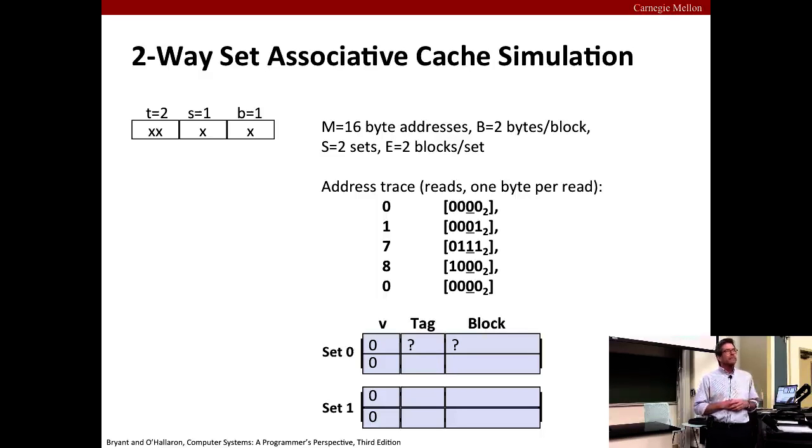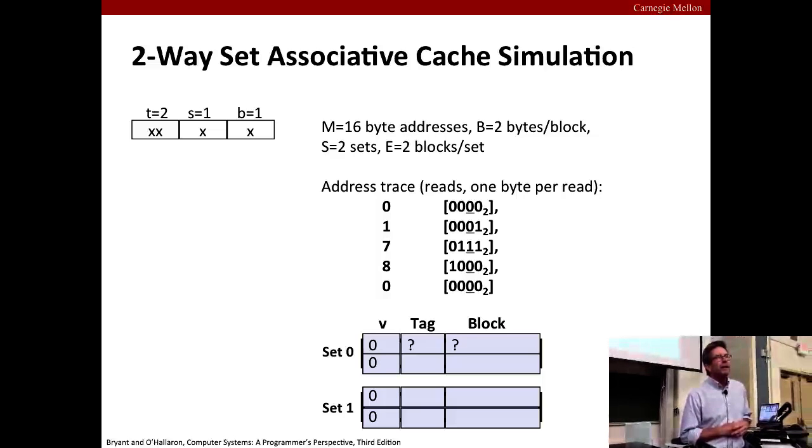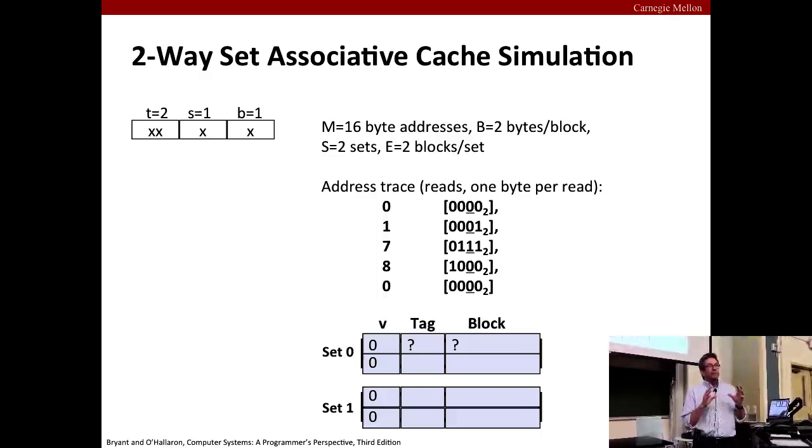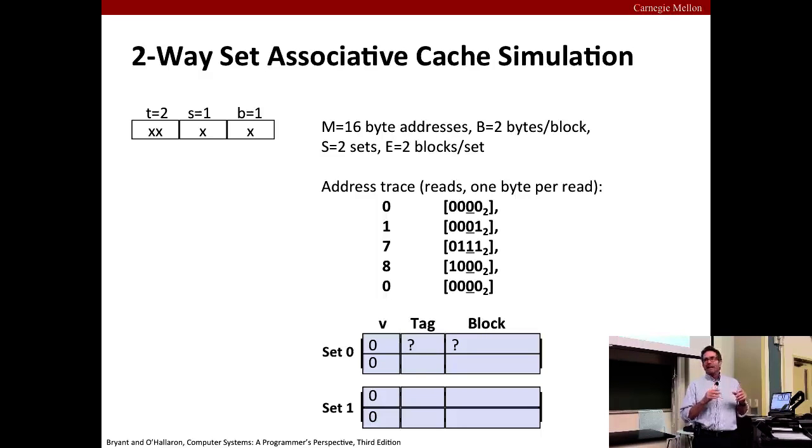So the block size comes first. Then you determine how big you want your cache to be, and you determine the associativity. Once you've determined the associativity and you know how big your cache is, that determines the number of sets.